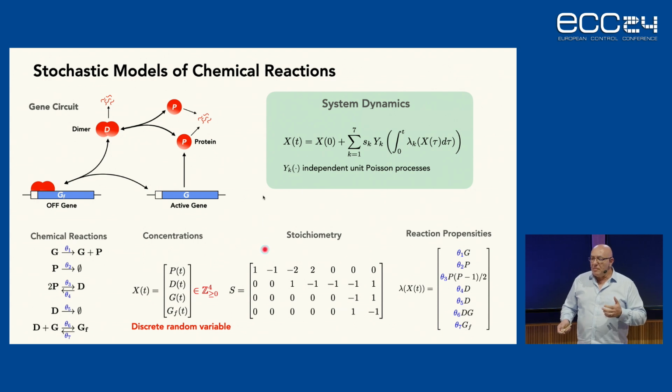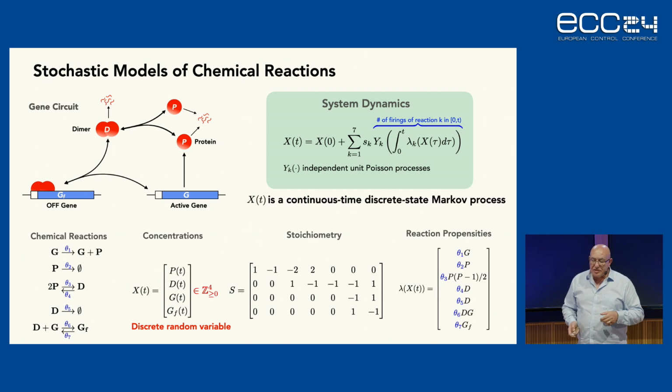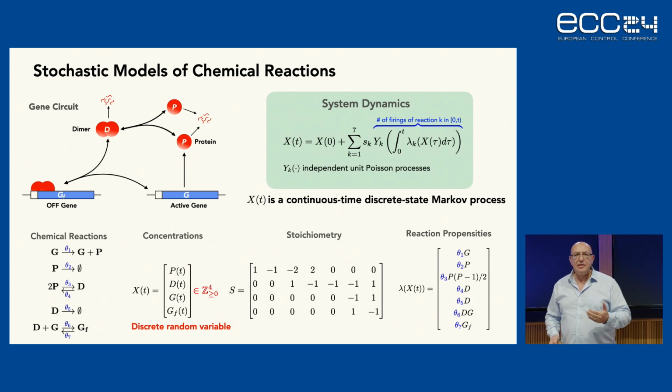And so here, the p's are the copy numbers of the various proteins, and the stoichiometry matrix stays the same, but the dynamic model now is a stochastic process, which is the sum of unit Poisson processes. Essentially, what you have is a description of a continuous time discrete state jump Markov process. So this is the representation.